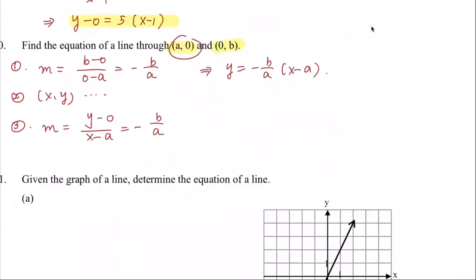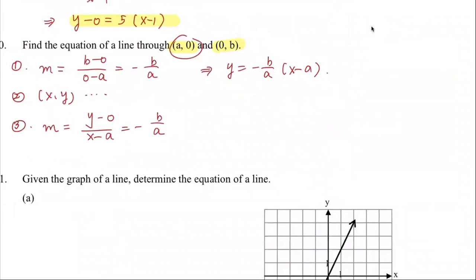So let's do the standard form first. Now we move everything to the left. This means y plus b over a times (x minus a) is equal to 0, right? And this gives us y plus, now we open the brackets, b over a x minus b over a times a, that's just b, is equal to 0.